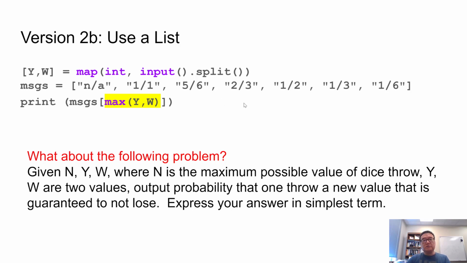Now the question is, we are not really solving the problem mathematically. We're almost cheating. We figured out there are only 6 possible outputs, so we just hard code them and then print it out. So what if we want to solve the problem more generally? To make this meaningful, we are going to generalize the problem.